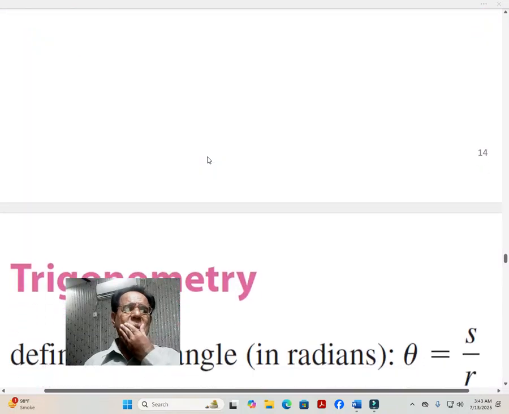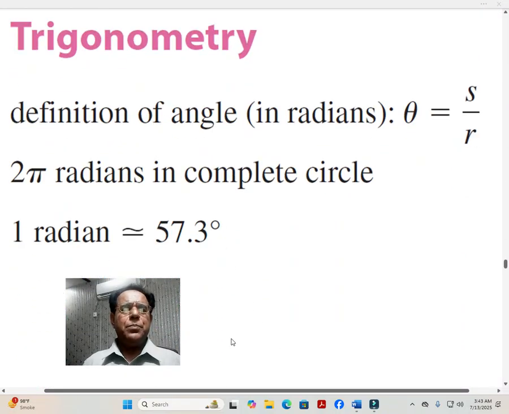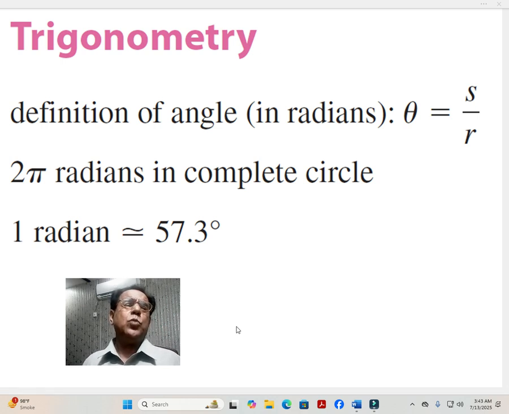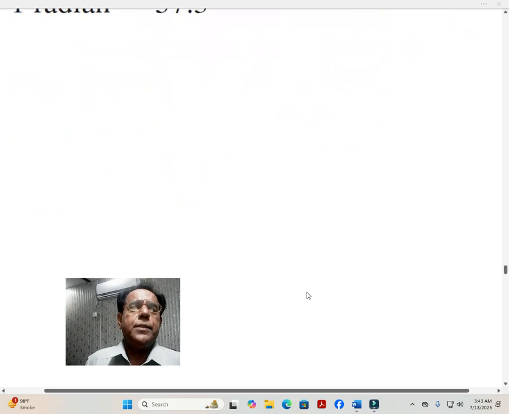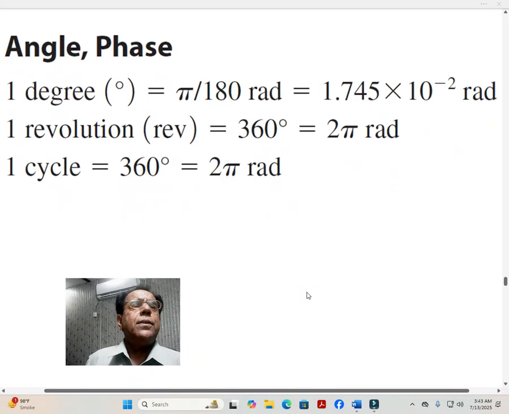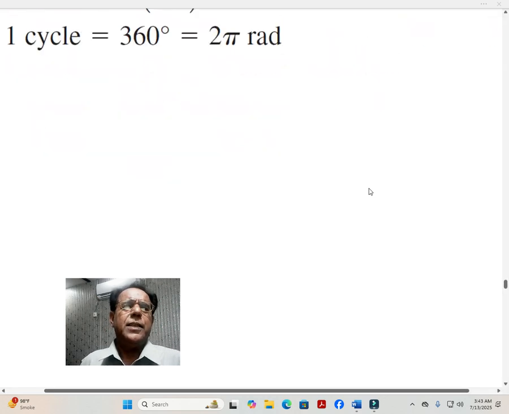Dear students, again some more information about trigonometry, because radian causes confusion if we use units of various quantities. Definition of angle in radian: theta equals S over R. 2 pi radians in a complete circle, 1 radian equals 57.3 degree. Then once again, angle phase, this information has already been discussed in the previous snapshot.